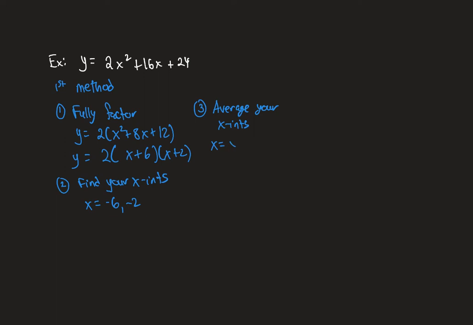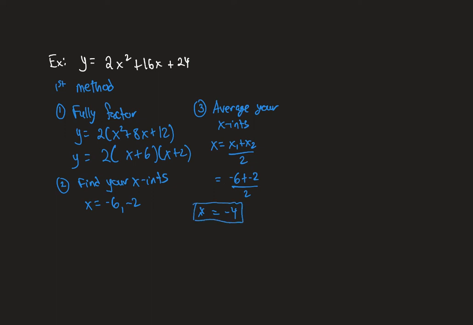So you're going to add your two x-intercepts together and divide by 2. So you're going to take that -6, you're going to add it to -2 and then divide by 2. So that's going to give me -8 over 2, which is -4.